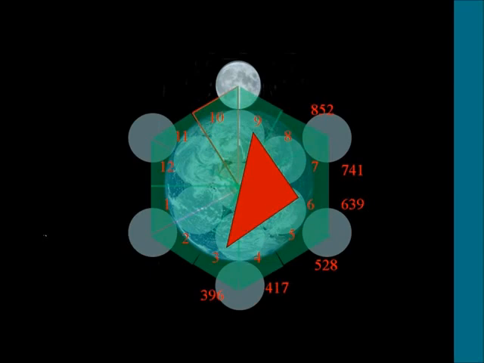And so we can do the same thing for 417. We have the 4, the 1, and the 7, creating this perfect 45-degree triangle. 528, we have the same 90-degree triangle, the two 45-degree triangles, and we can do that all the way around up to 852.